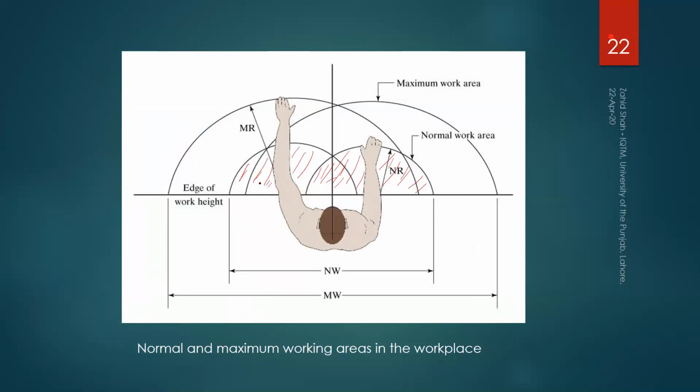So you can say this is the preferred area, and this MR, the maximum range, is actually the allowed range. This is for the left hand and this is for the right hand, and there is some overlapping area as well. So this is also an example of functional anthropometric data. Ideally, the tools and equipment that are used frequently should be placed in the normal range, and those used relatively infrequently should be available in the maximum range.